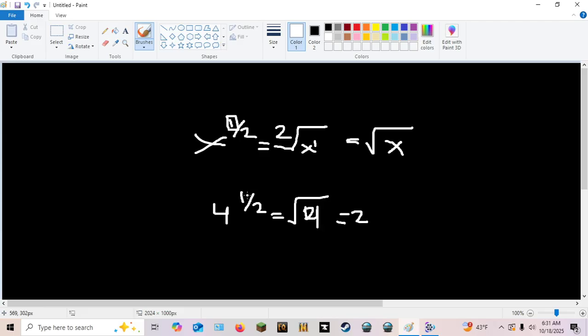Okay? And what if it was 2 raised to the 1/2? It's gonna be equal to the square root of 2, which we can't evaluate.